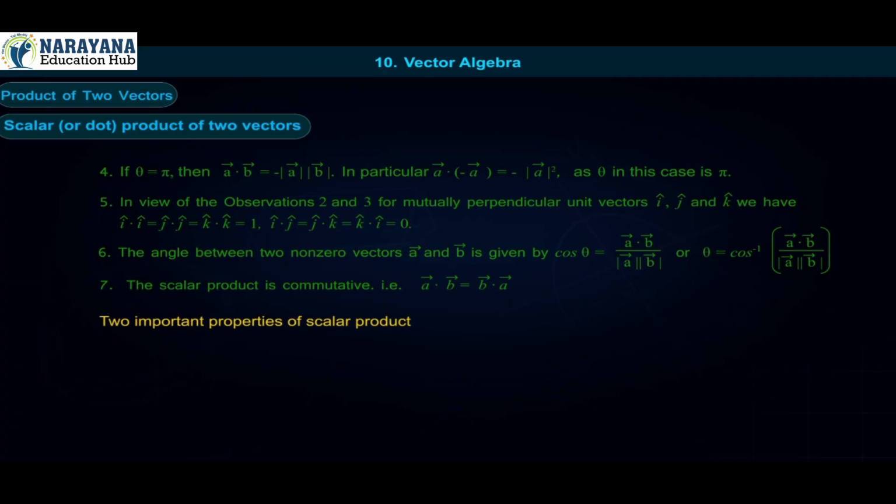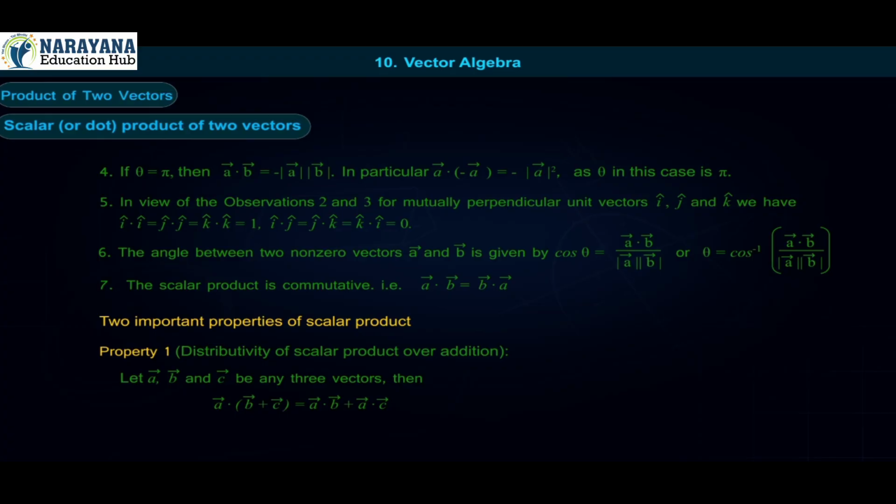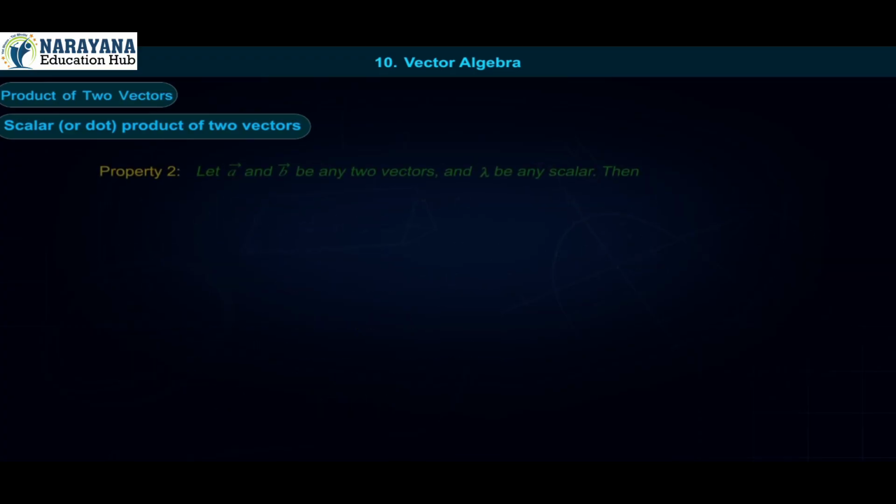Two important properties of scalar product. Property 1. Distributivity of scalar product over addition. Let vector A, vector B and vector C be any three vectors. Then vector A · (vector B + vector C) = vector A · vector B + vector A · vector C. Property 2.